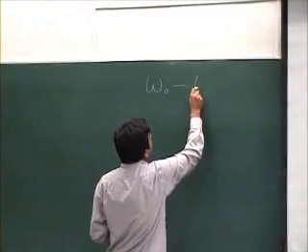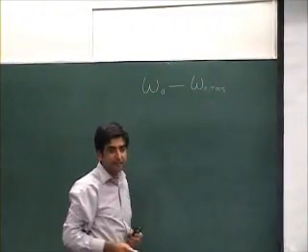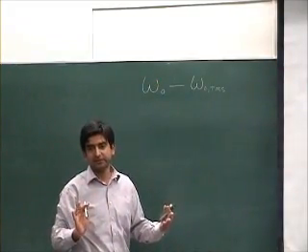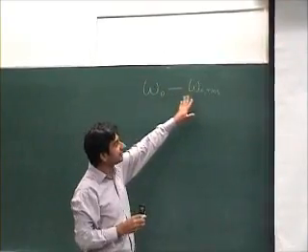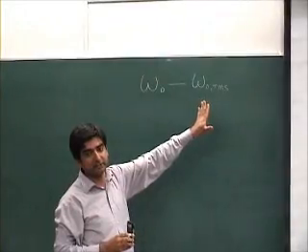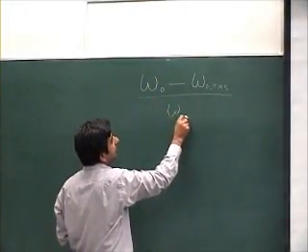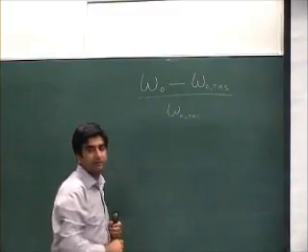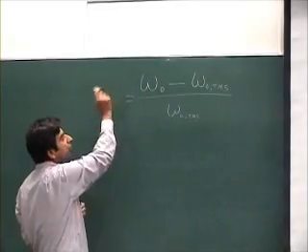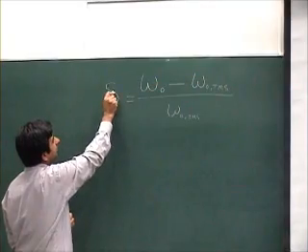From it we subtract the Larmor frequency of TMS. So this will give you an absolute frequency difference. And of course this frequency difference will depend upon the Larmor frequency or the strength of the magnetic field. However, if you divide this difference by omega naught TMS, you will obtain a frequency which is normalized, which is unitless, and that is called delta.